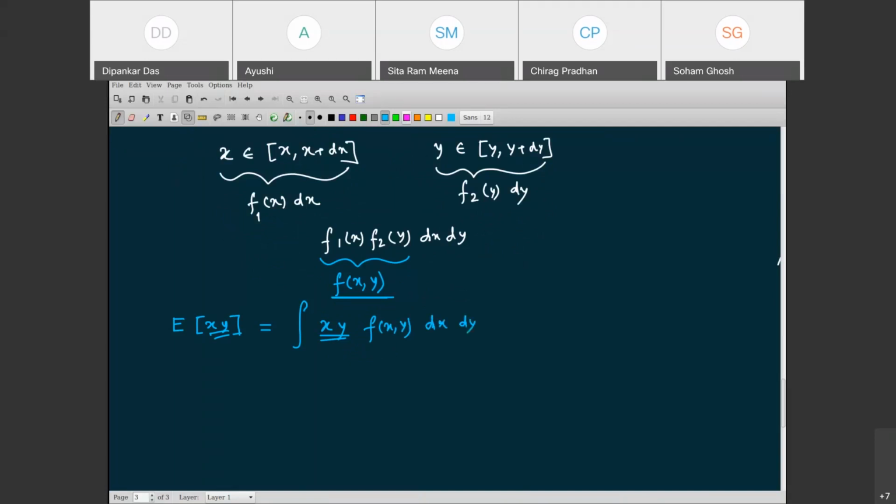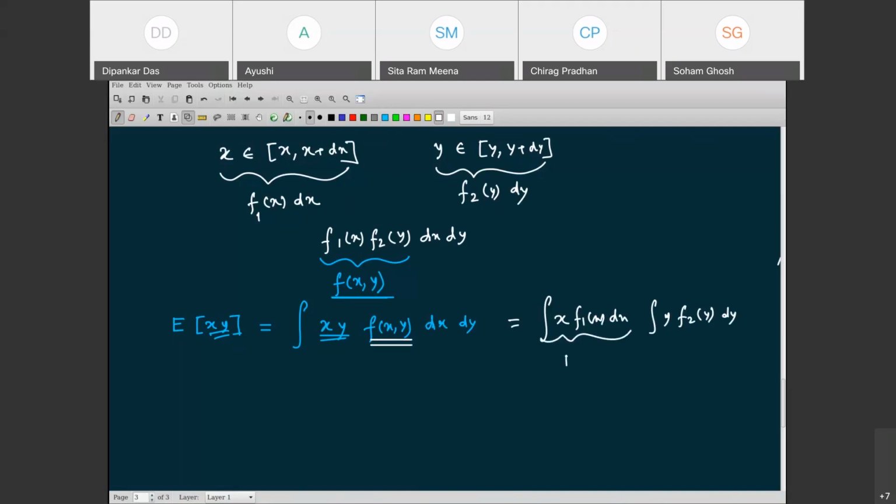Now if this f(x,y) is factorizable into individual parts, then I can calculate the expectation values individually. So I can write the integral of x f1(x) dx times the integral of y f2(y) dy.